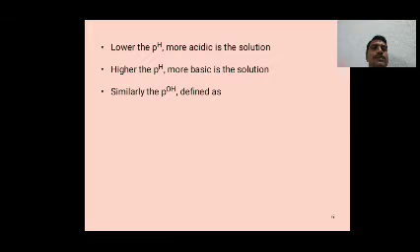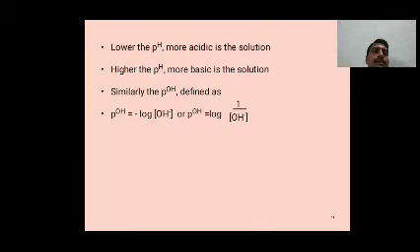Similarly, pOH is defined as the negative logarithm of hydroxide ion concentration. pOH is equal to minus log OH minus ion concentration, or pOH is equal to log 1 by OH minus ion concentration.